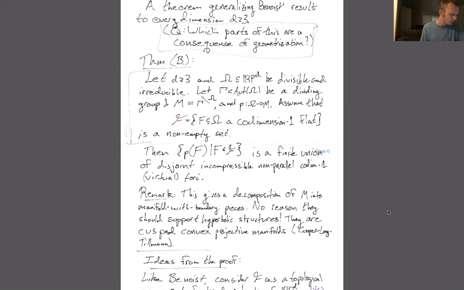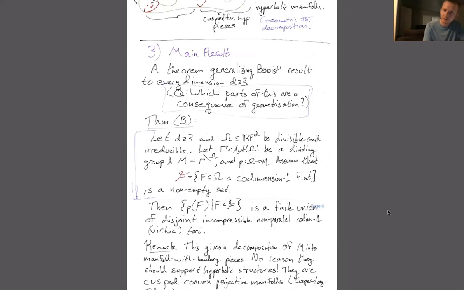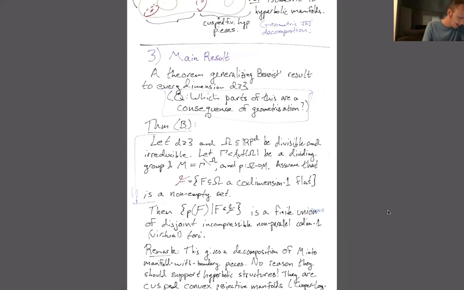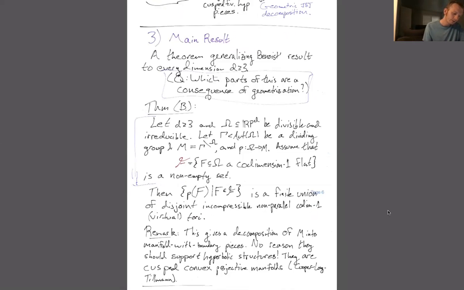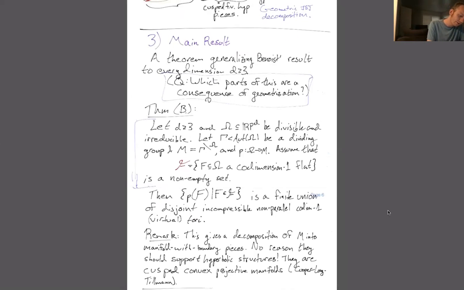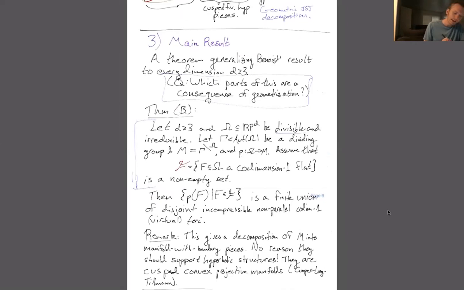Okay, so the context is that we look at dimension d greater than or equal to 3. If I do that, how does it look for you? Oh, it looks fine. And we take omega to be in projective space, and we require it to be divisible, which is just saying that it has a compact manifold quotient.